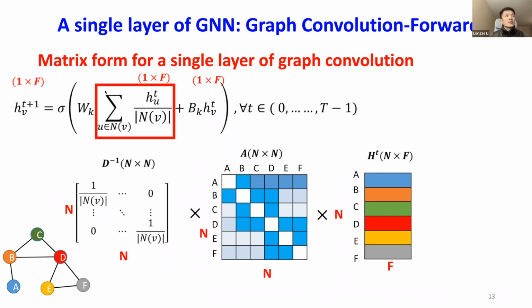So when you look at this part within the red box over here, it means that you take each neighbor and you take their representation, or their features, and you add them together, but you divide that by the number of neighbors, right?